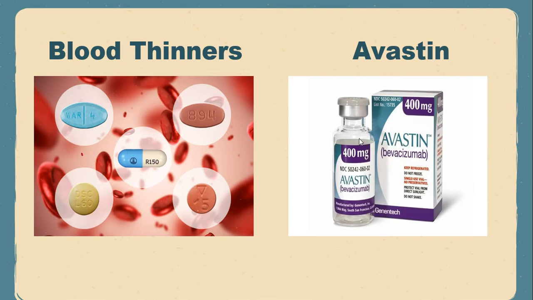When we talk about Avastin, we have for the therapy of cancer antiangiogenic therapy. A cancer needs a good blood supply to provide itself with food and oxygen and to remove waste products. When it has reached 1 to 2 millimeters across, a tumor needs to grow its own blood vessels in order to continue to get bigger.